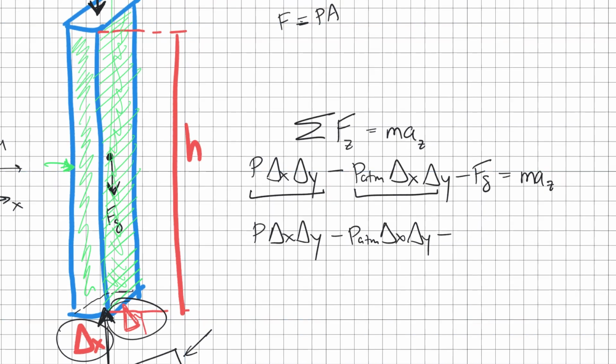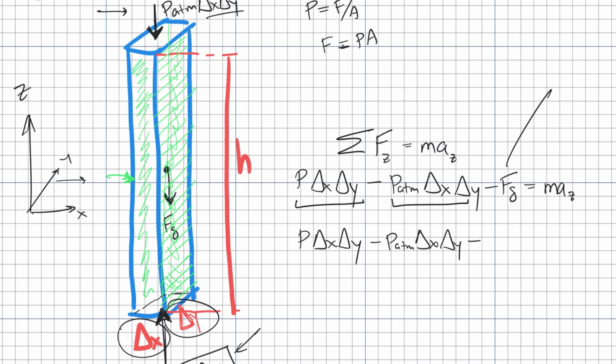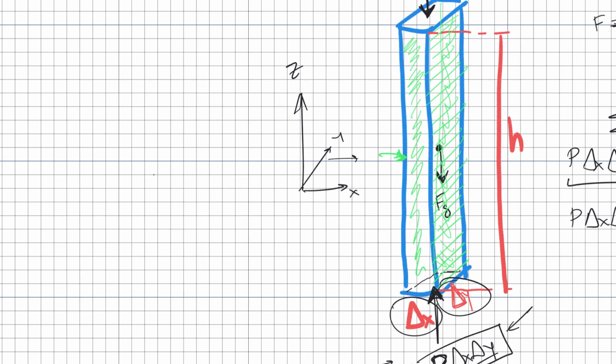Now this force of gravity, I'm going to write something about it over here. The force of gravity is always mass times gravity. That's pretty straightforward. However, we're going to do something interesting here because I want to know the mass as a function of the density.